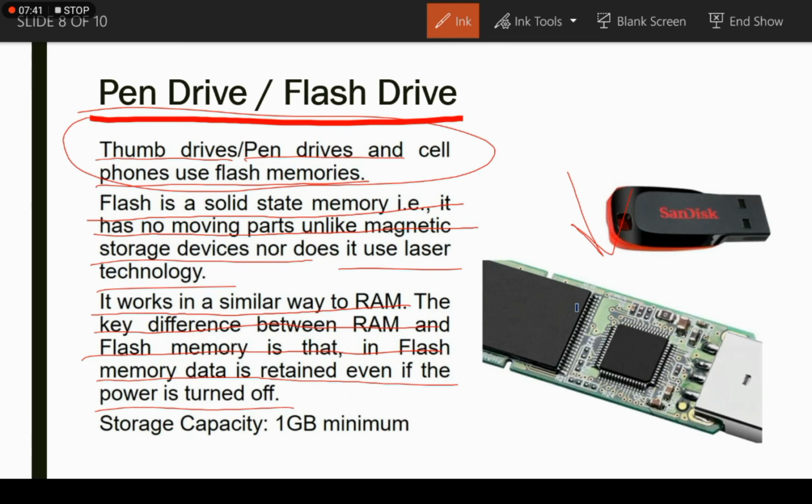As we discussed, RAM is a temporary memory, so a pen drive is not temporary. A pen drive is a permanent memory, and we can purchase pen drives of different sizes like 4 GB, 8 GB, 16 GB, 32 GB, 64 GB, 128 GB, etc.